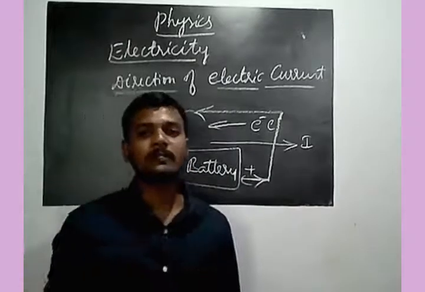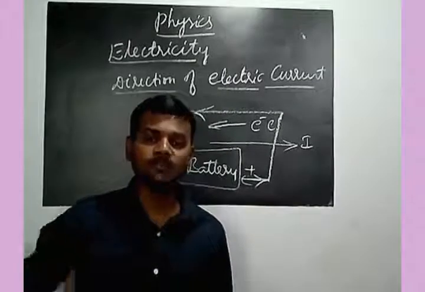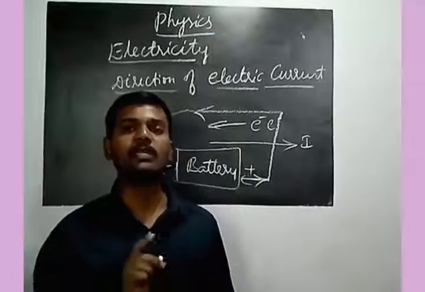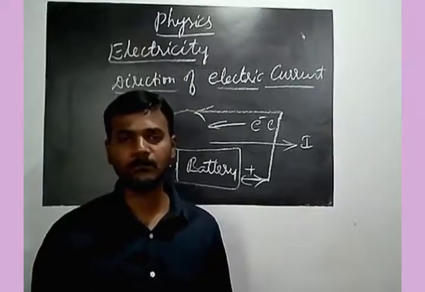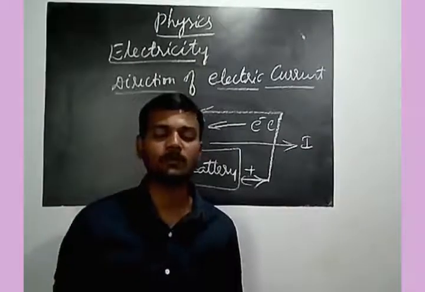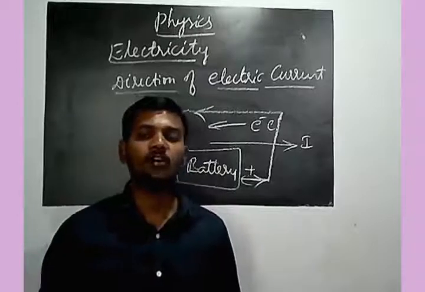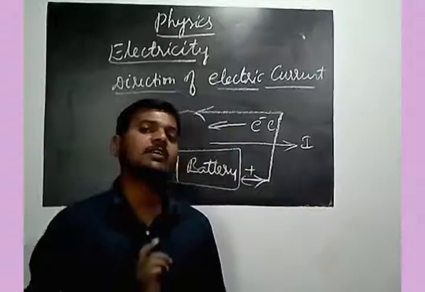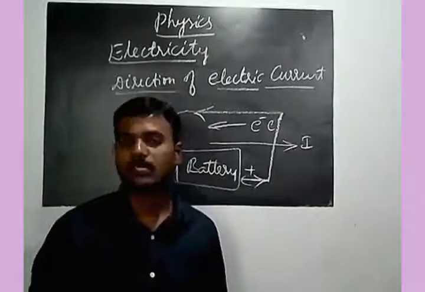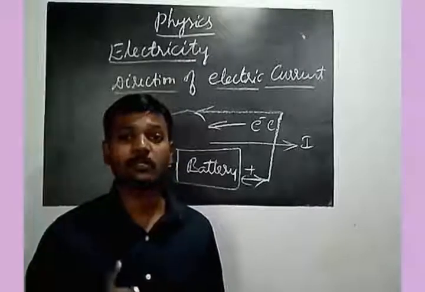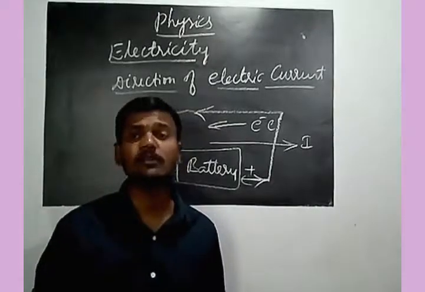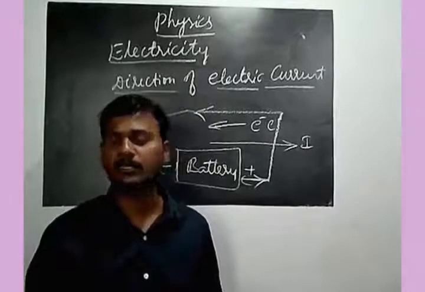Remember these points. The direction of flow of electric current is always opposite to the direction of the electrons, and it is known as the conventional flow of electric current.